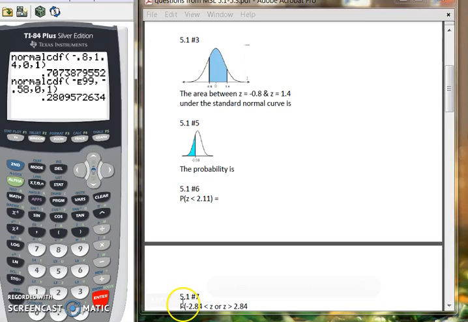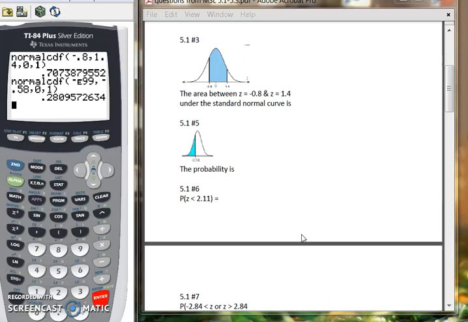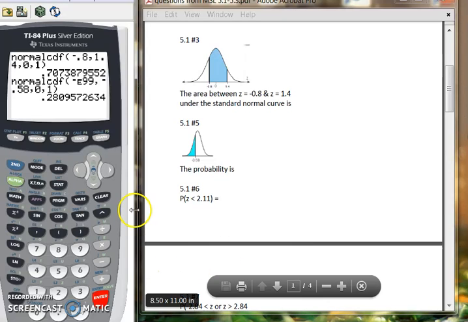Enter, round to 4 decimal places, so 0.2810. You can get by without entering the 0 and the 1 when you're working with the standard normal curve.